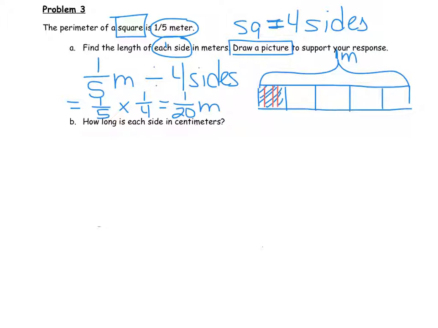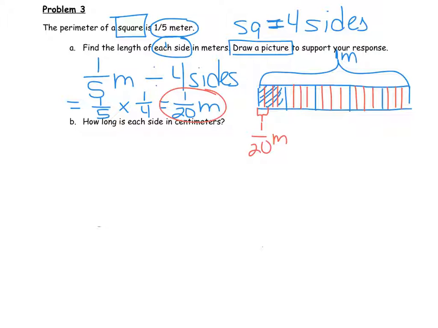And now I can't just do it for the 1/5 of a meter, I have to do it for the 2nd fifth, the 3rd fifth, the 4th fifth, and the 5th fifth. So what is the length of one side? Because it's a square, all the sides are the same. It's going to be 1 out of, well, how many pieces? I have 4 in 1, so 4 times 5 is 20, so 1/20th of a meter. So that's my final answer for part A.